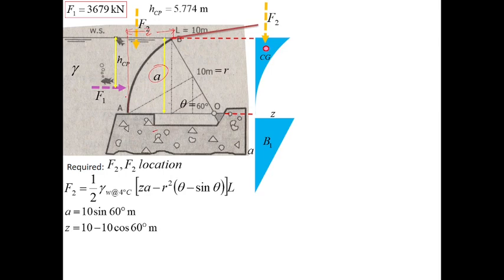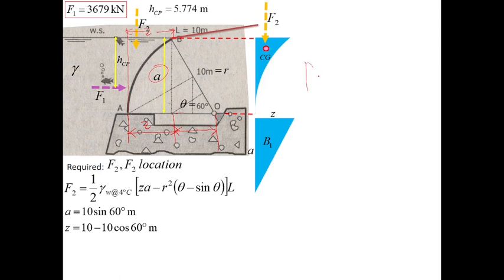Paano siya naging ganun? So, analyze natin. Ito ay Z. Yung side na to, ano siya? Kung ito ay 10 sine 60 degrees, ito ay adjacent side ng right triangle.